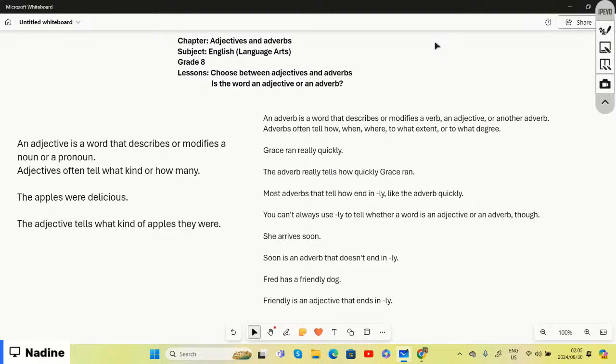All right. So when it comes to an adjective, it describes or modifies the noun or the pronoun.